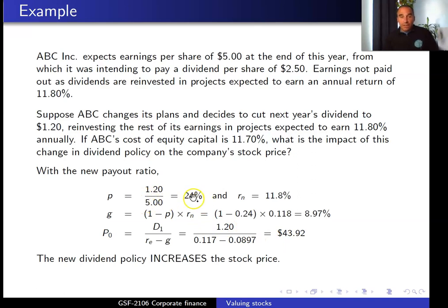If the dividend is cut to $1.20 to be reinvested in projects returning 11.8%, the expected growth rate is now 8.97% for a new stock price of $43.92. So in this example, the new dividend policy increases the stock price.